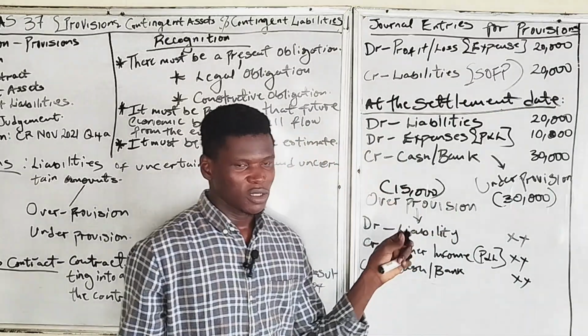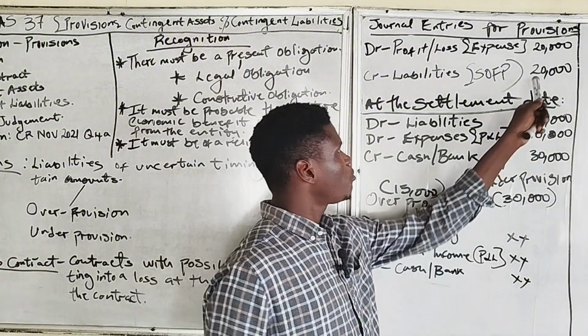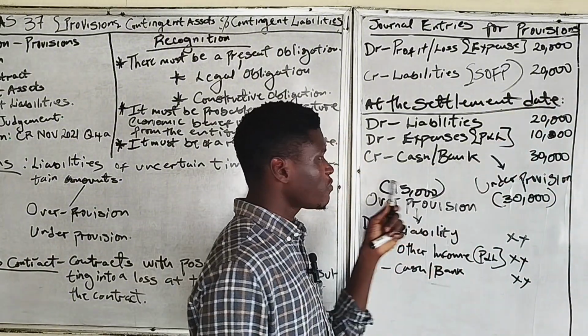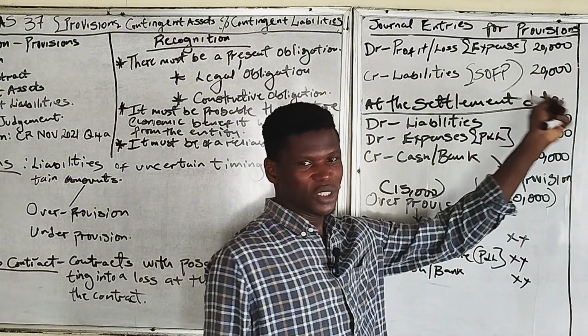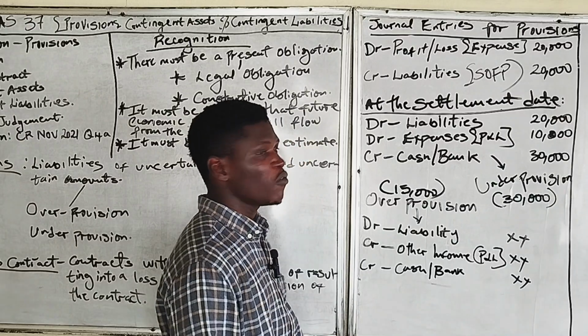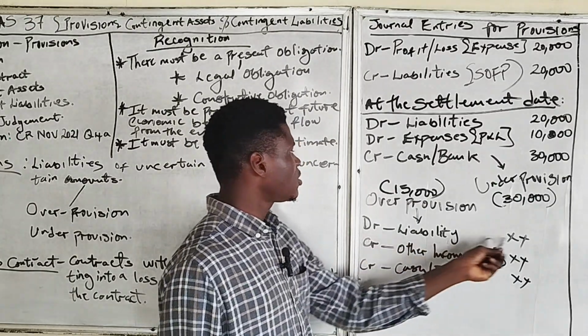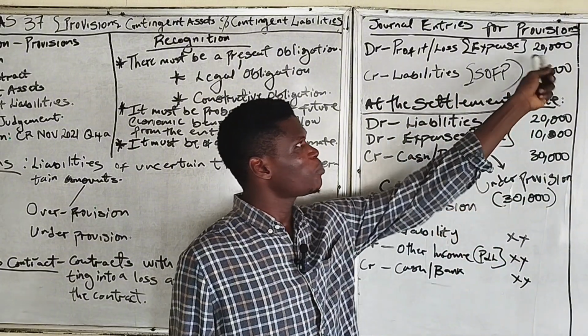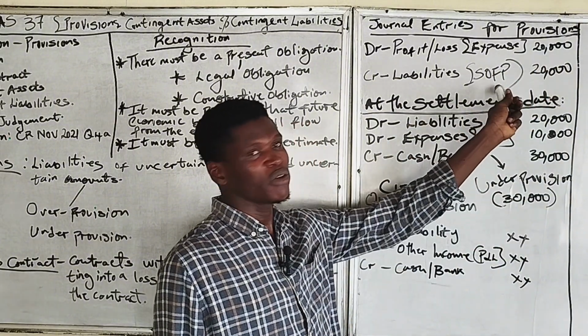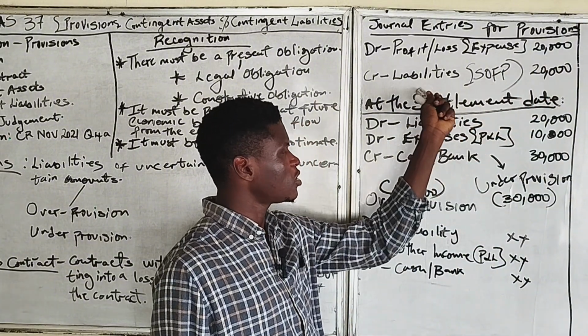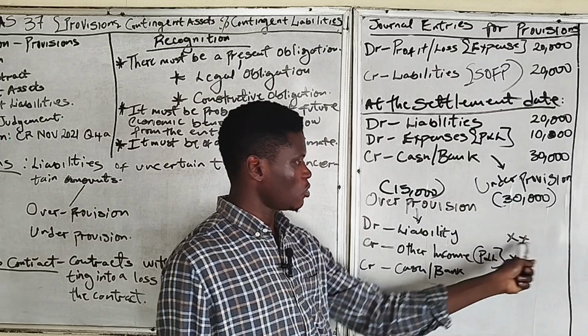We said we will debit the whole initial provision which we initially recognized as a liability. So we will debit 20,000.